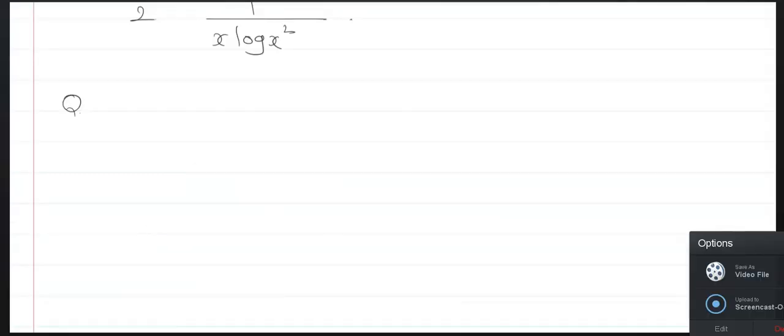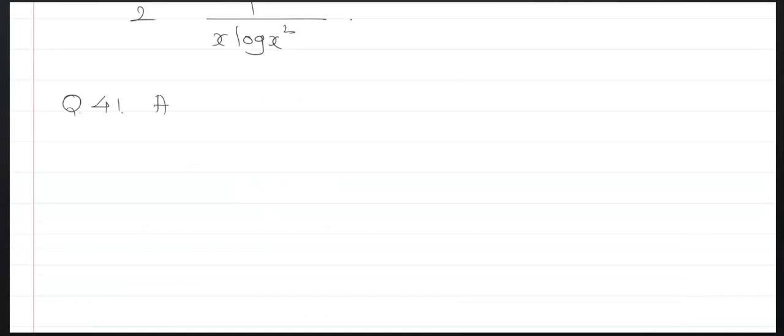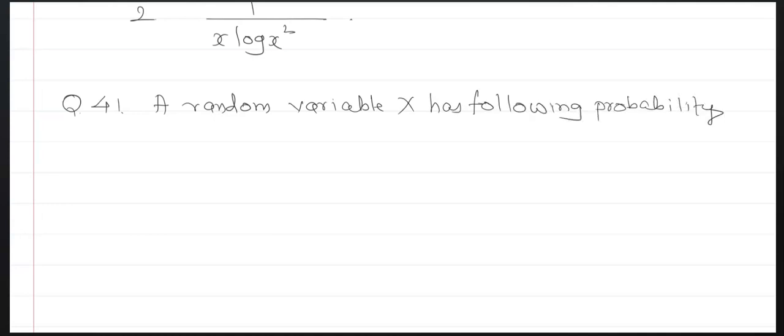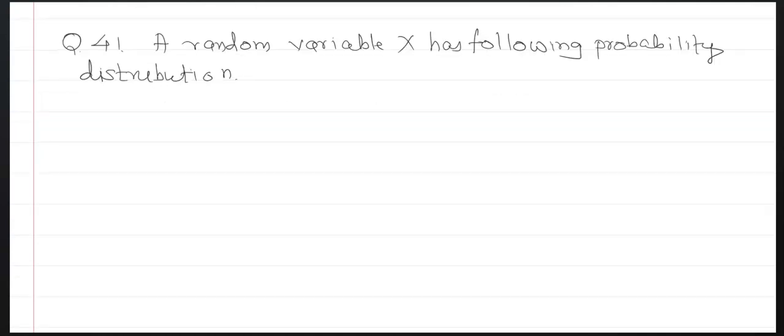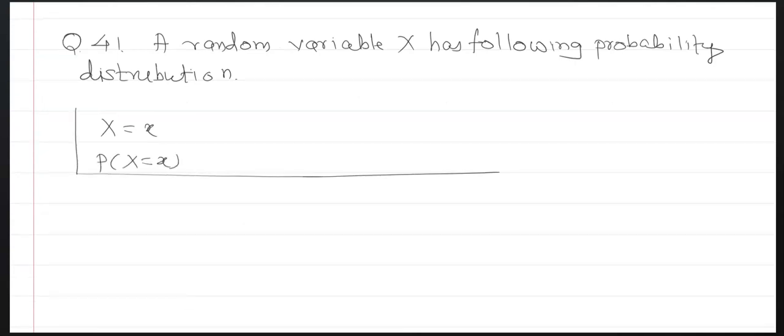Now next is question number 41. A random variable X has the following probability distribution.